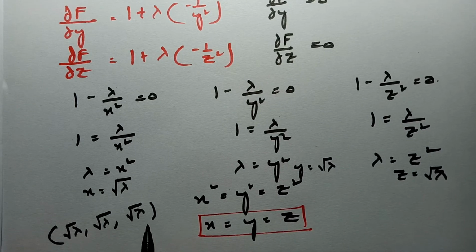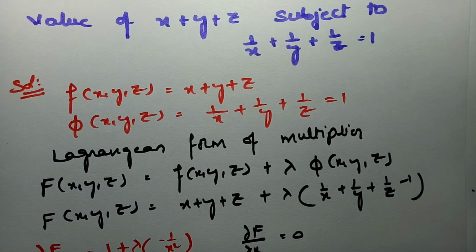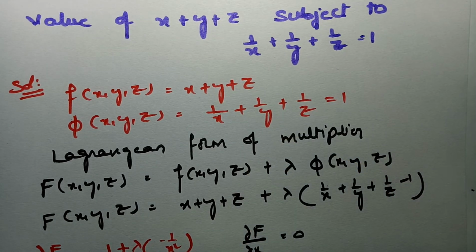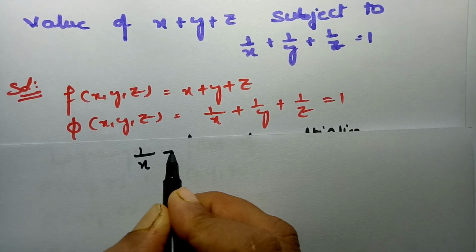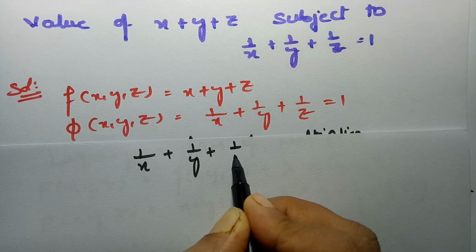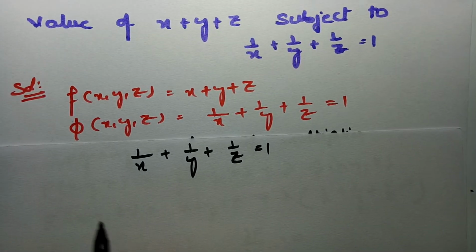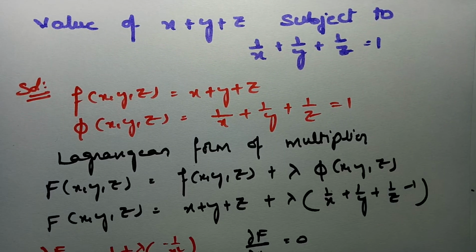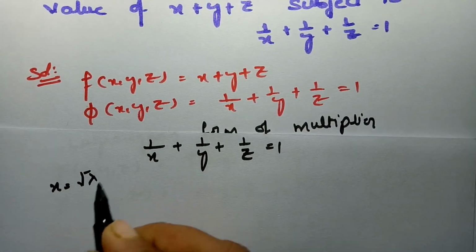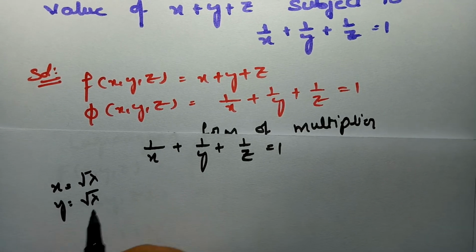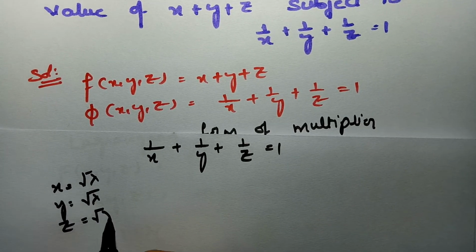I have to substitute this lambda value in the given condition. See, our condition is 1 by x plus 1 by y plus 1 by z is equal to 1. We got x as root lambda, y is equal to root lambda and z is also root lambda.